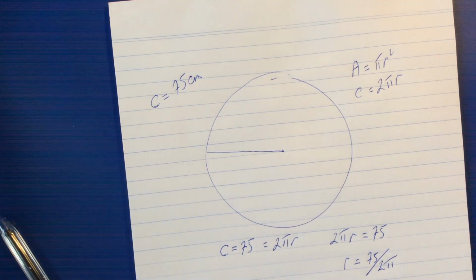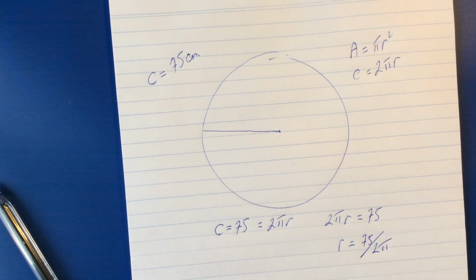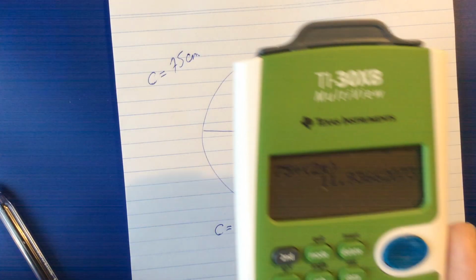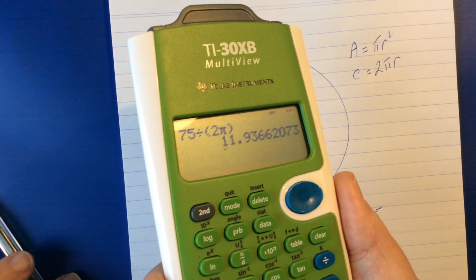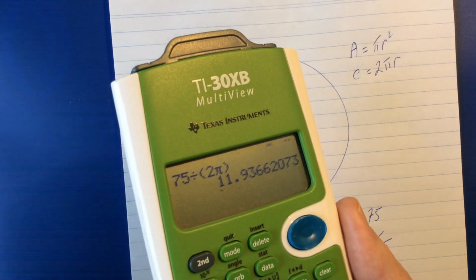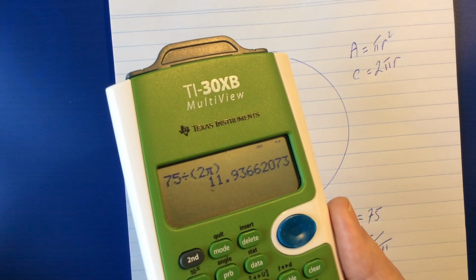Well, let's get a reasonable approximation for that on a calculator, just so that we've got a figure to deal with. So 75 divided by 2 pi. There we are. I hope you can see that. That's pretty close to 12, and we'll just keep the number 12 in mind.